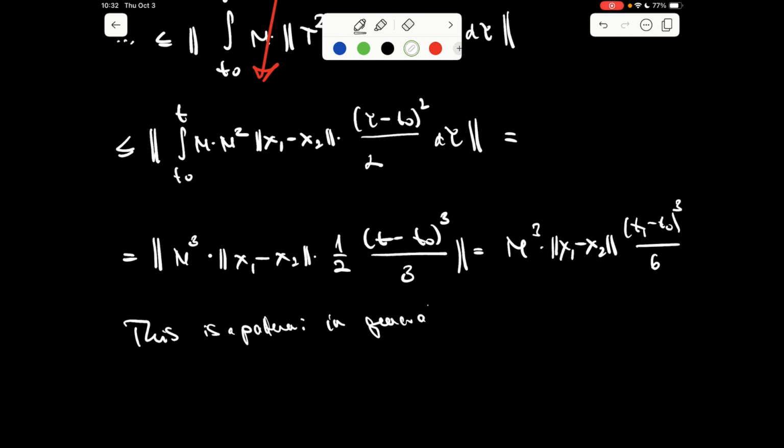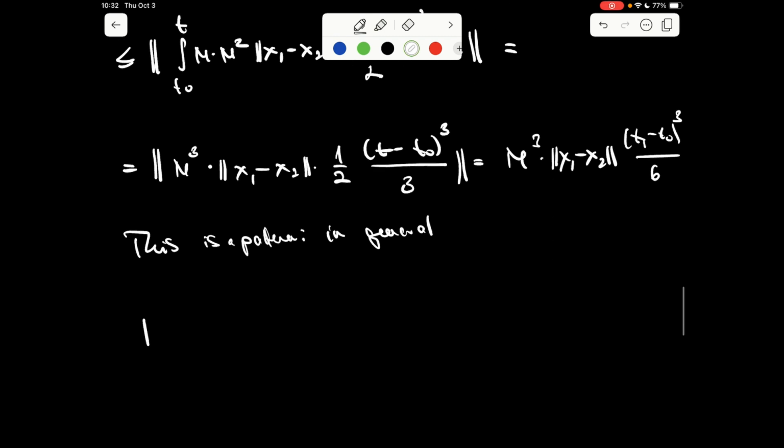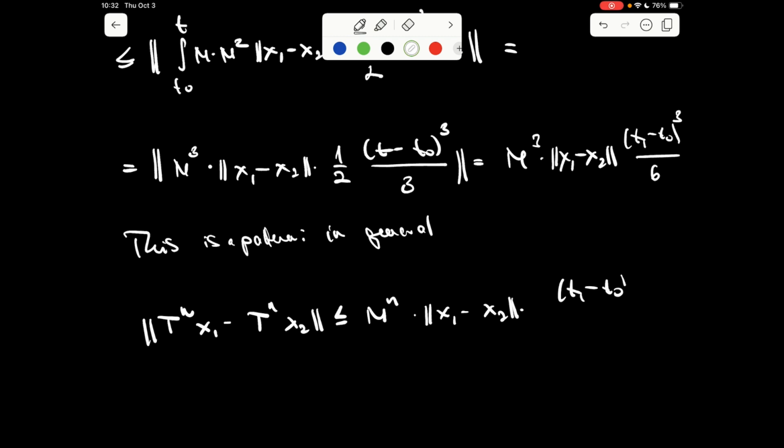Which in general takes the shape factorial. That's all. This is what I wanted to show you.